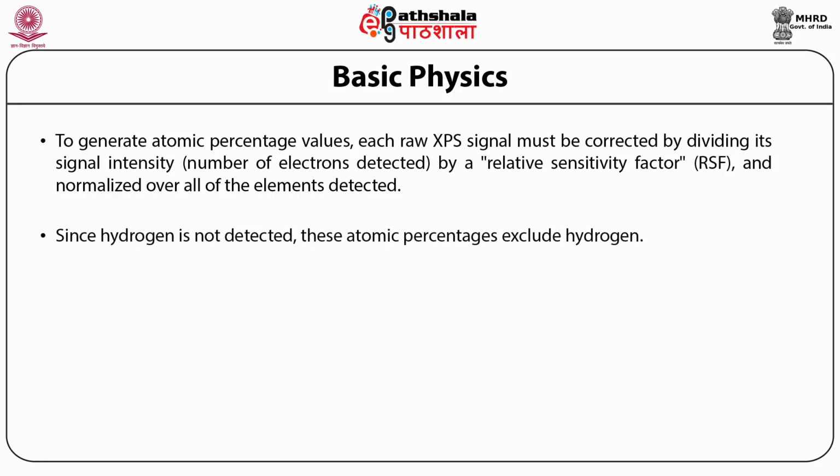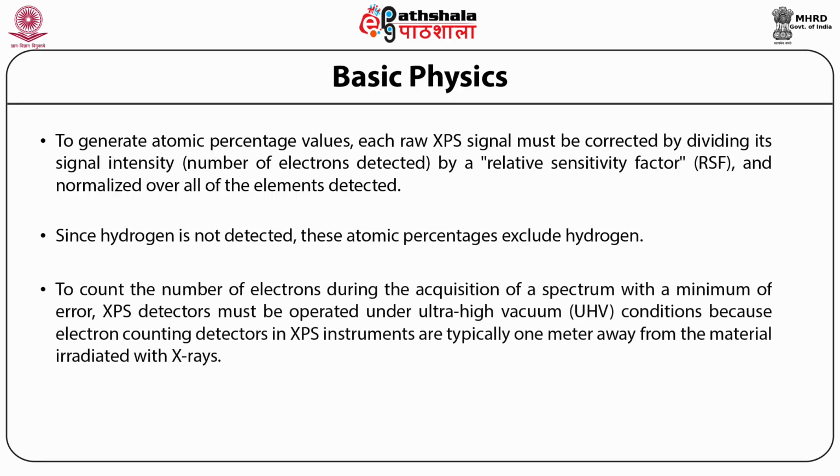Since hydrogen is not detected, these atomic percentages exclude hydrogen. The aim is to count the number of electrons during the acquisition of a spectrum with a minimum of error.